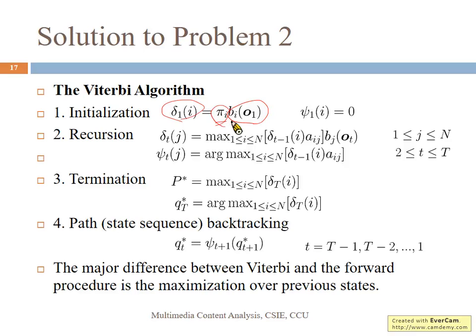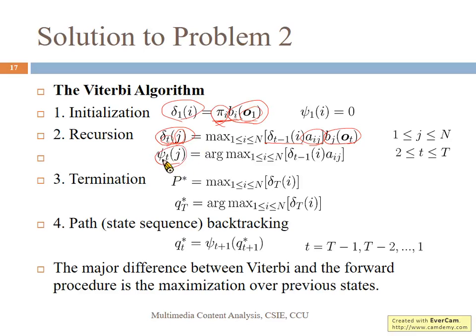That means we start at state i, and at state i we observe O1. The recursive process is defined as follows: delta t(j) considers all possible delta t-1(i), jumps from state i to state j, and observes O_t at state j. We consider all the cases and find the maximum probability that at time instance t we stop at state j.